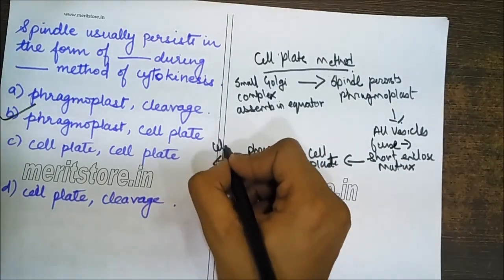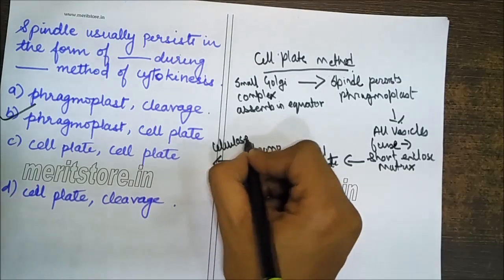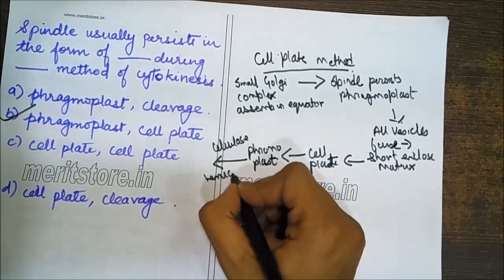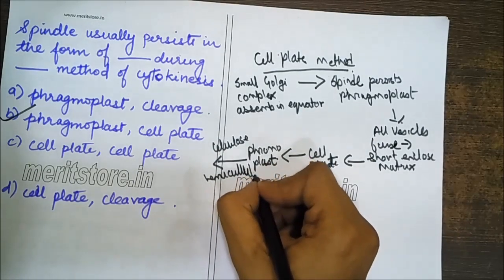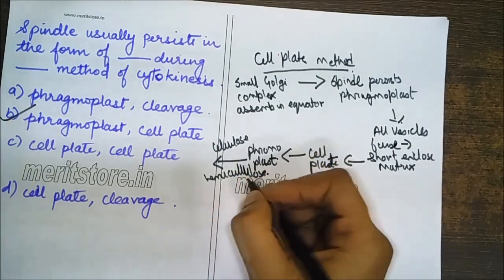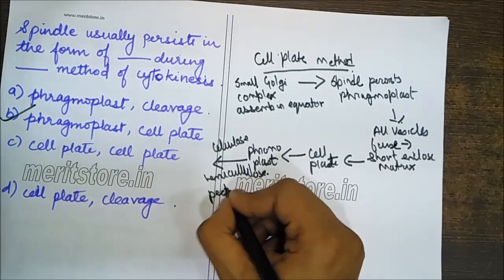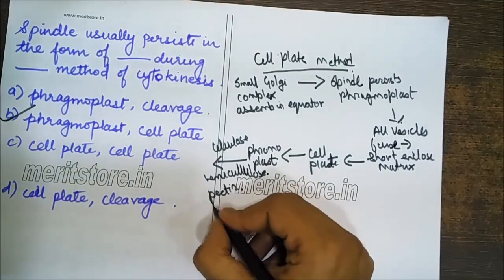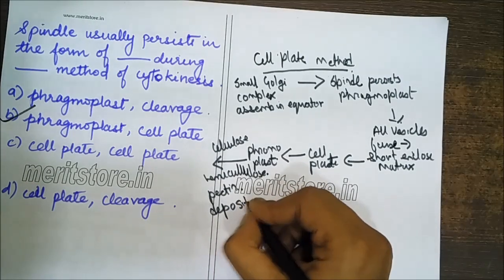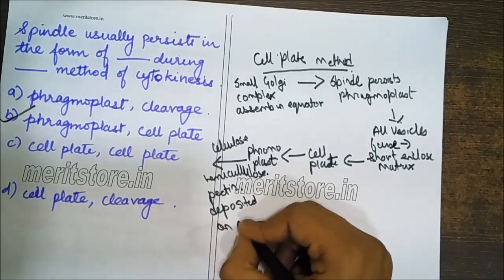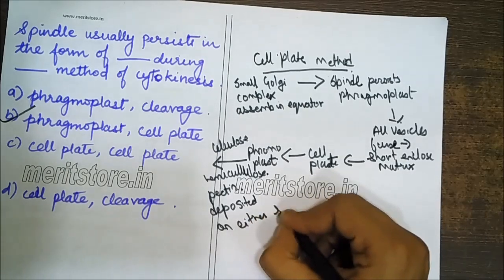And then cellulose, hemicellulose, pectin, they all are deposited on either side of the cell plate.